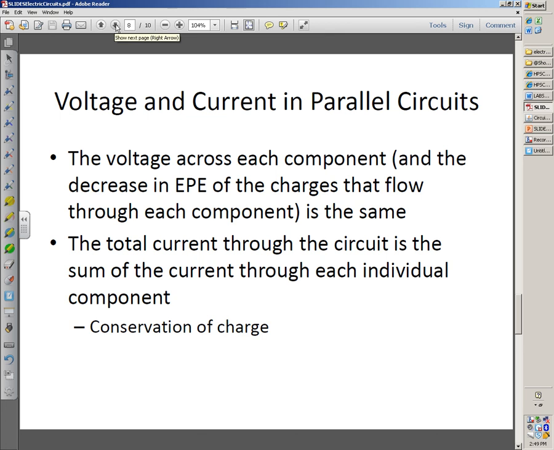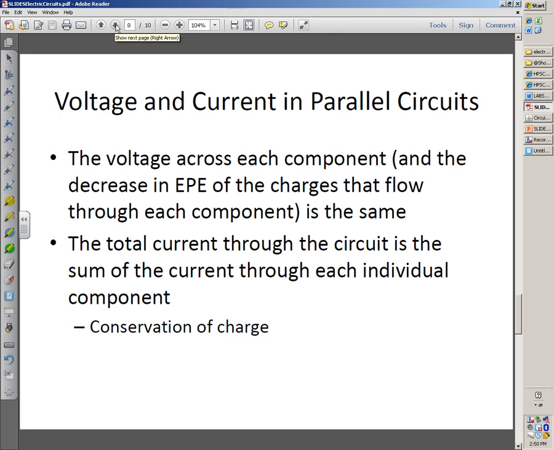It's the same as all the other individual paths, the total current being the sum of all those together.